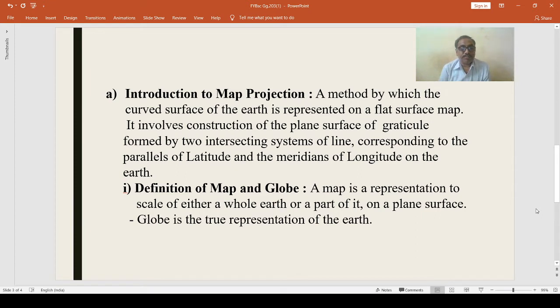Therefore, map projection is a systematic drawing of parallels of latitude and meridians of longitude on a plane surface for the whole earth or part of it.